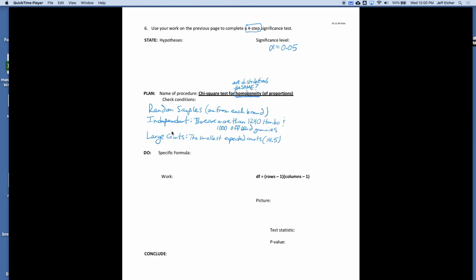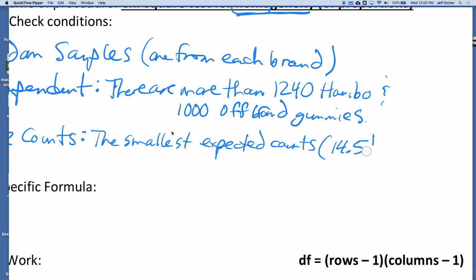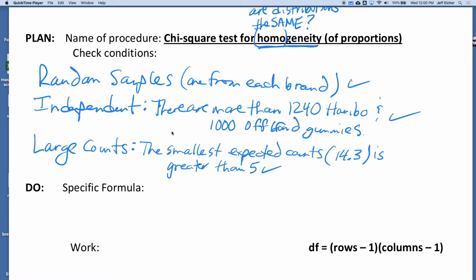Okay. Is greater than 5. So all the conditions are met. The large count condition tells us that our test statistic will follow a chi-squared distribution with a certain degrees of freedom.